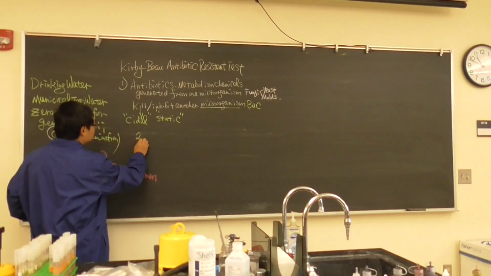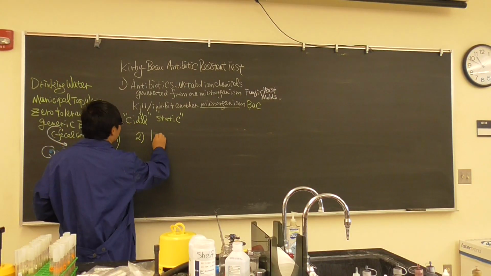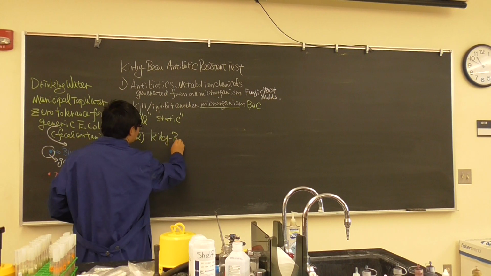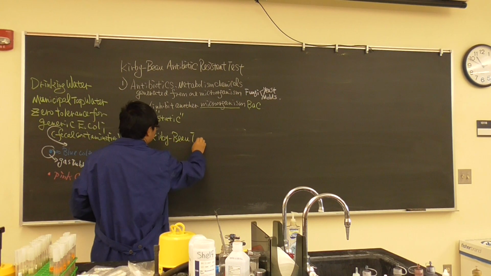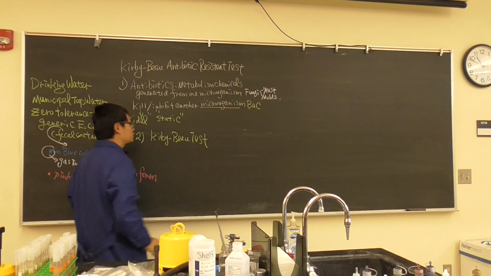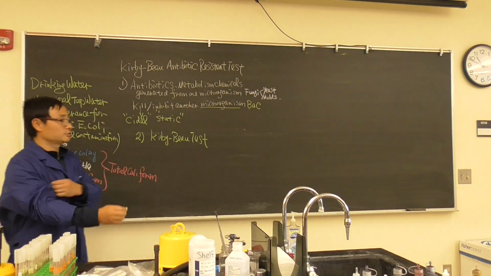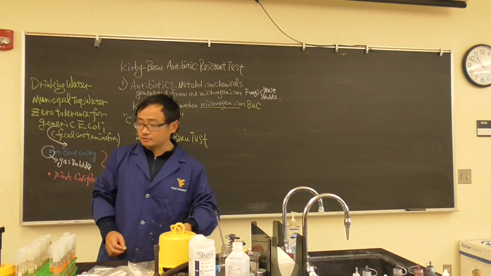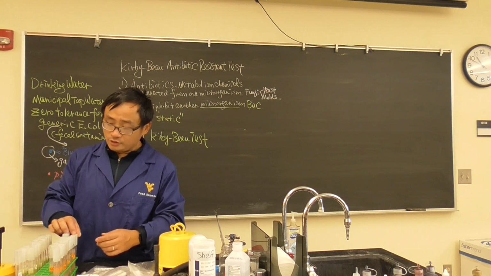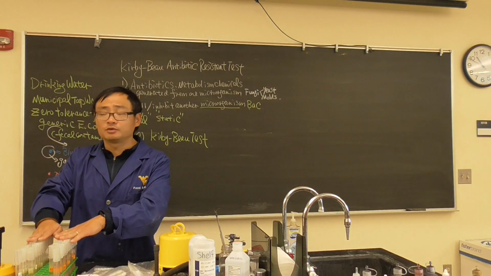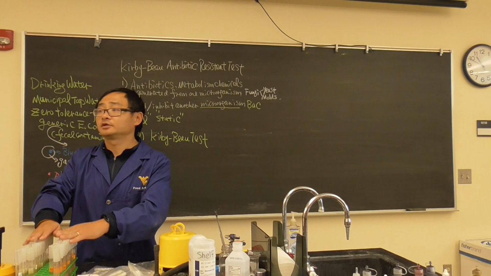The second one, we had the Kirby-Bauer test. So how to do the Kirby-Bauer test? That's some procedure we need to know. First of all, you and your bench partner, we will do 2 plates for everybody.